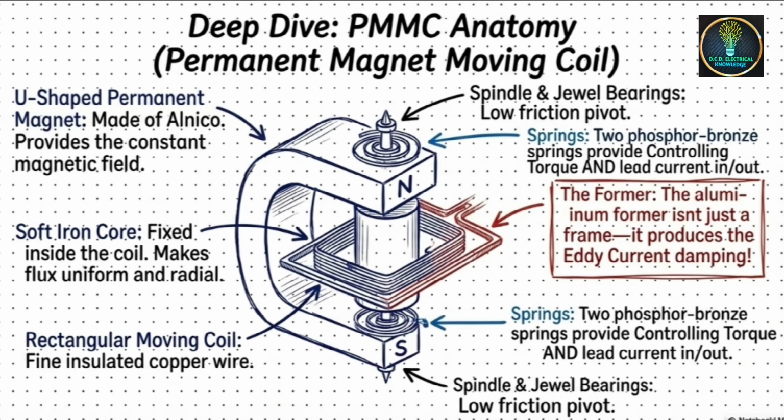The U-shaped permanent magnet made of alnico provides the constant magnetic field. Soft iron core, fixed inside the coil, makes flux uniform and radial.